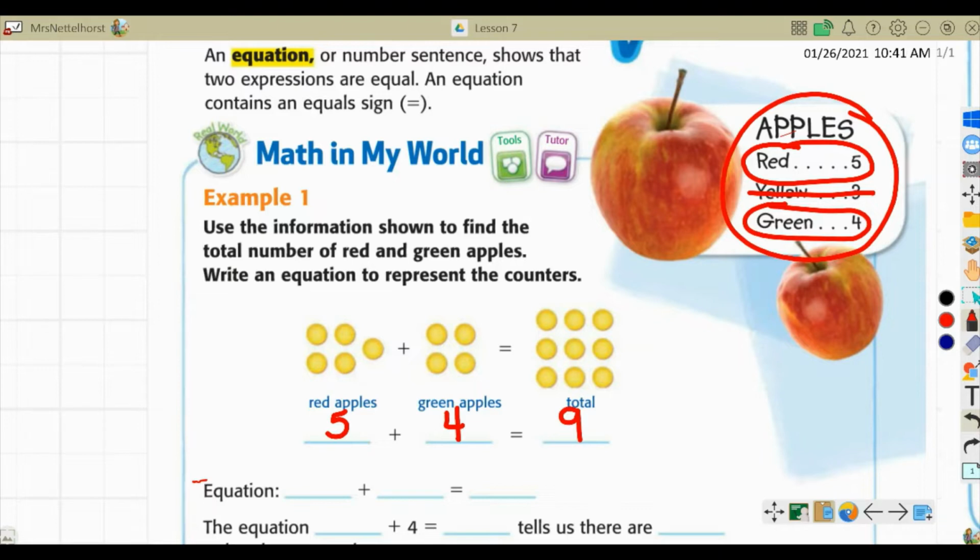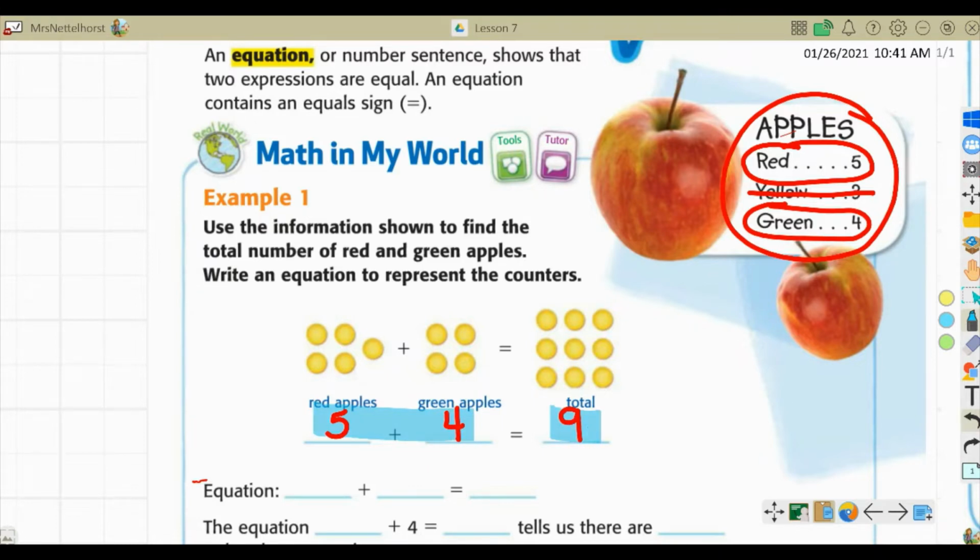Let me grab a highlighter. Basically, it is saying that 5 plus 4 is the same as 9.